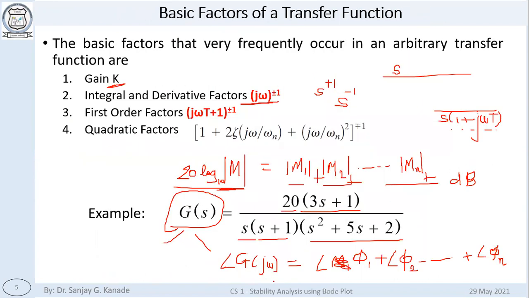We have seen this. Remember this, I have shown you here. The total phase angle is going to be the addition of individual phase angles. So once you calculate the phase angle for the whole transfer function, you can look at the values and find out the range for which you should draw the graph.